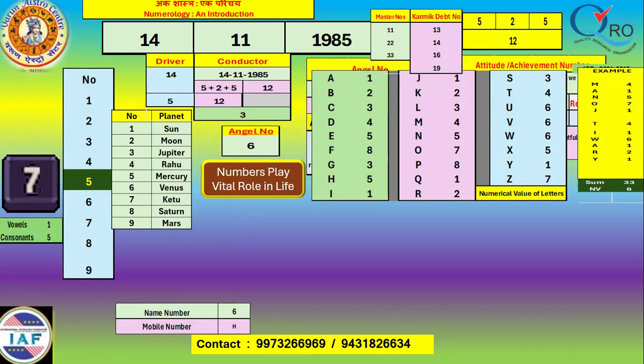His first letter number is given as 4, and the entire name number is given as 6. 33 also appeared here. So the name number is 6 and the first letter number is 4.